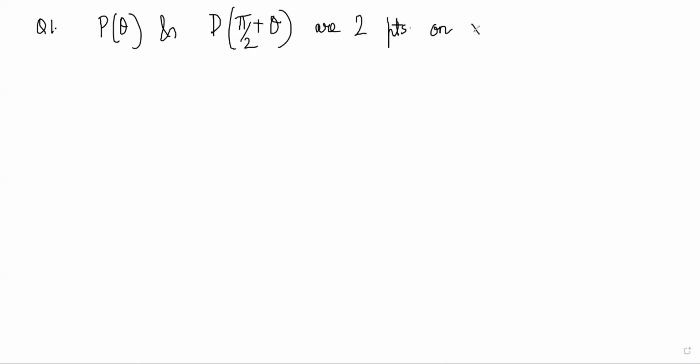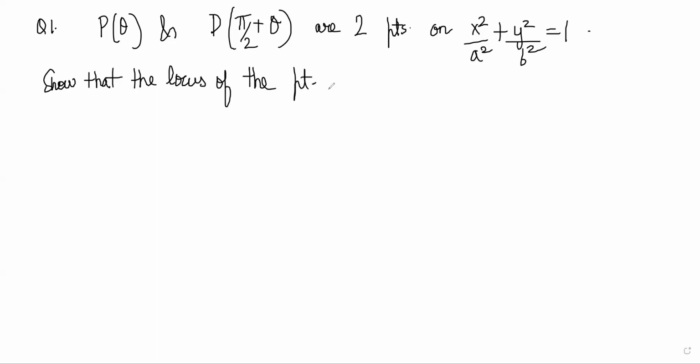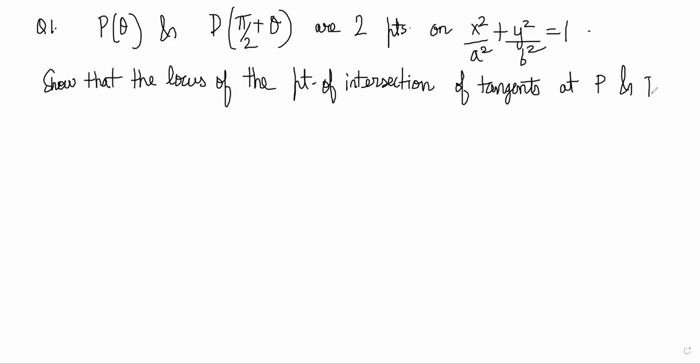Let's look at question 1, which is if point P theta and D pi by 2 plus theta are 2 points on x square by a square plus y square by b square equals 1, we have to show that the locus of the point of intersection of tangents at P and D to the ellipse is x squared by a squared plus y squared by b squared equals 2.